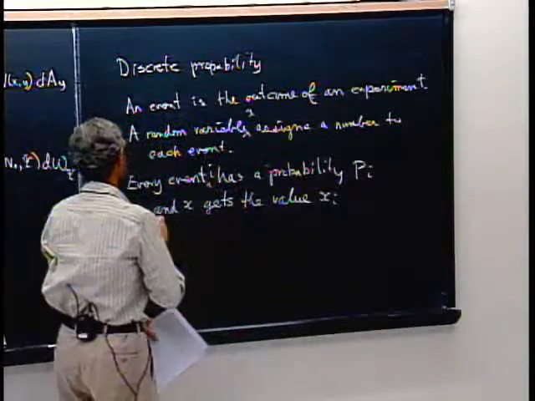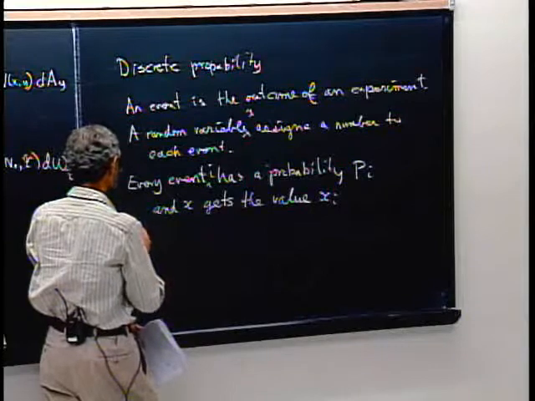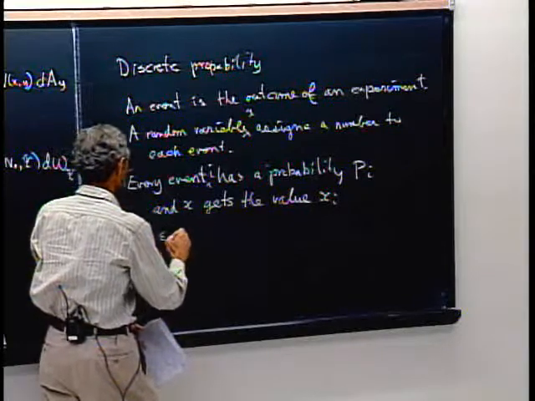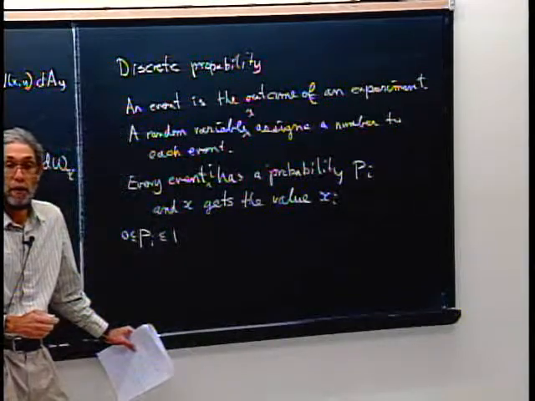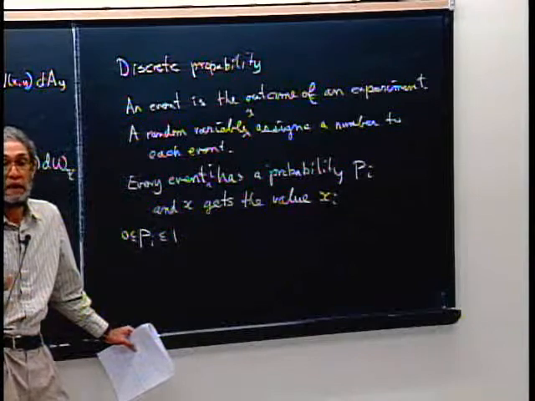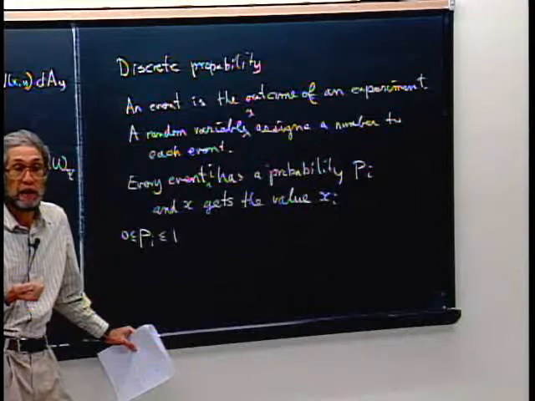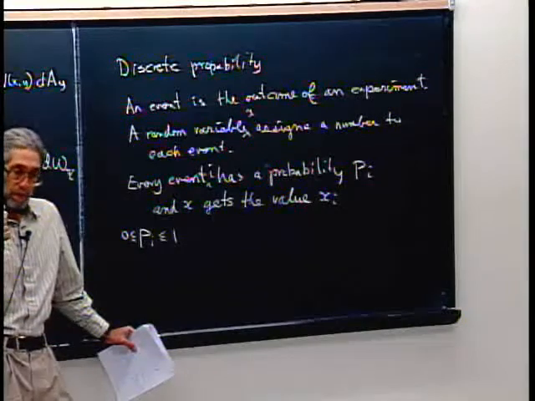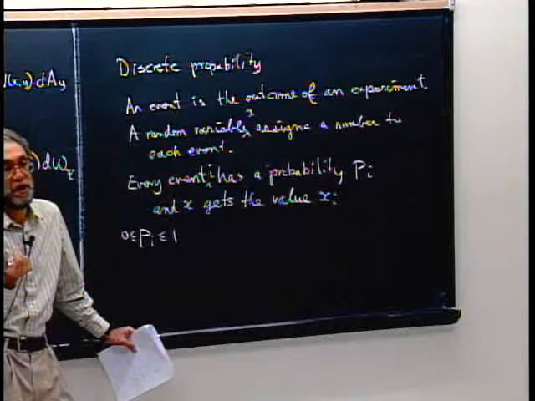Okay, so the properties of the probability is that the probability is some non-negative number between 0 and 1. An event is a way to describe the outcome. So we could say the probability of the die coming up with number 2 is a 6th if it's a fair die.